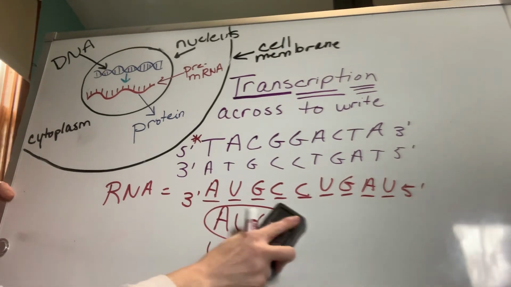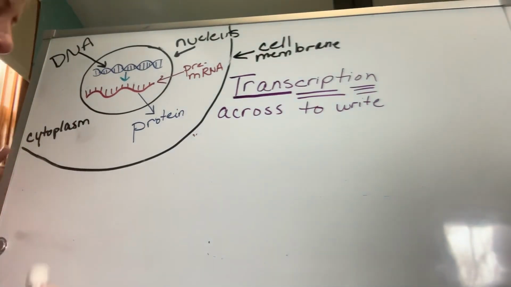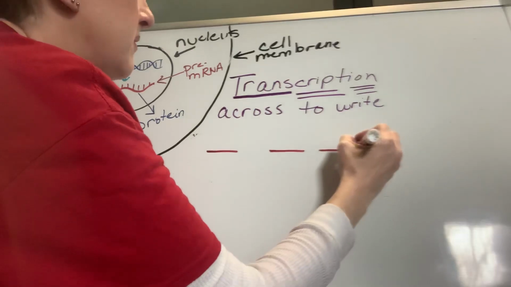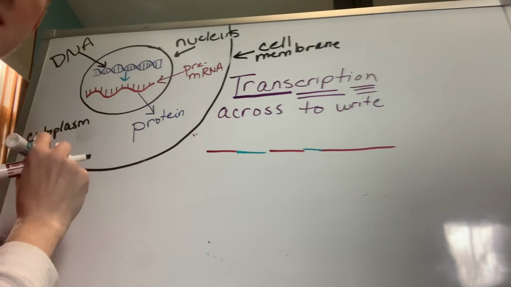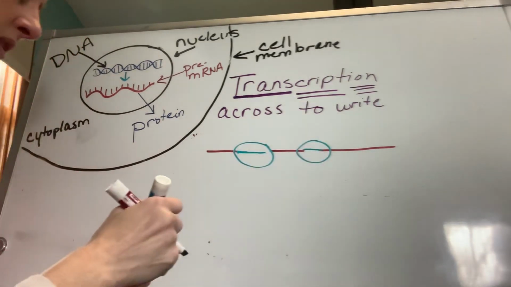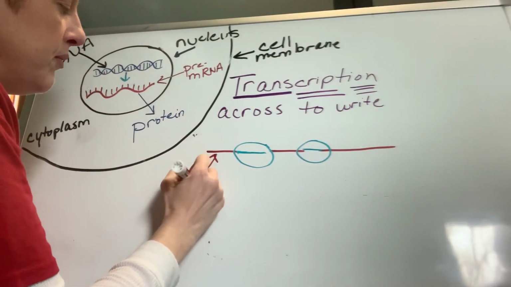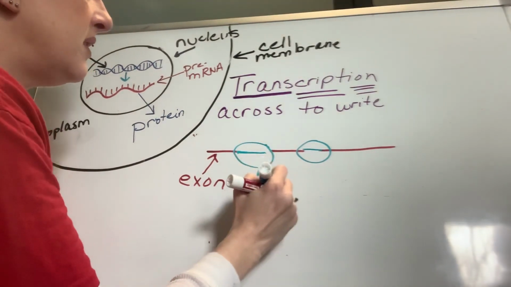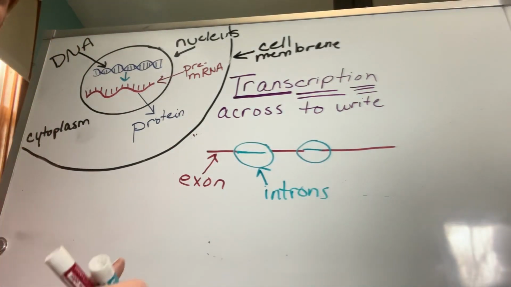Why? Well, let me erase this here. So we have something that looks like this. Hopefully you can see the color is blue and so forth. And so we have the blue here and blue here. There are two parts to my pre-mRNA. We have introns and exons.